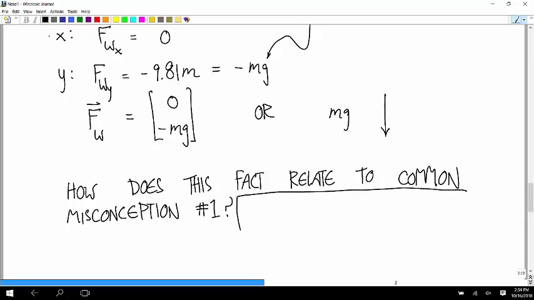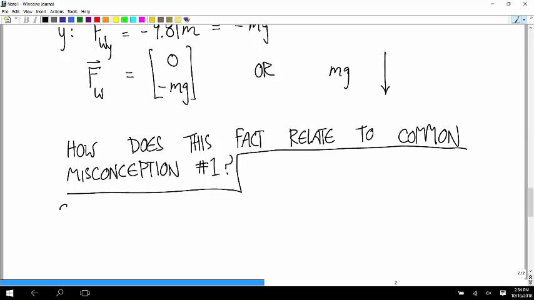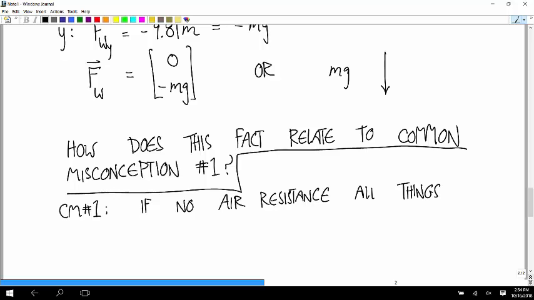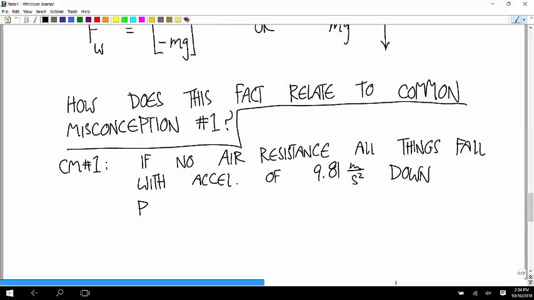Okay, so what this says is that, common misconception number 1, from that, what we know is that if there's no air resistance, all things fall with an acceleration of 9.81 meters per second squared down, regardless of mass.